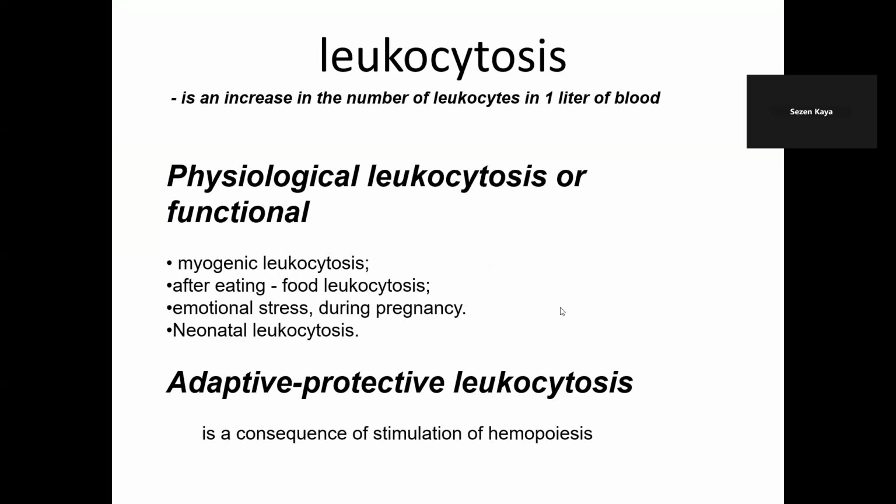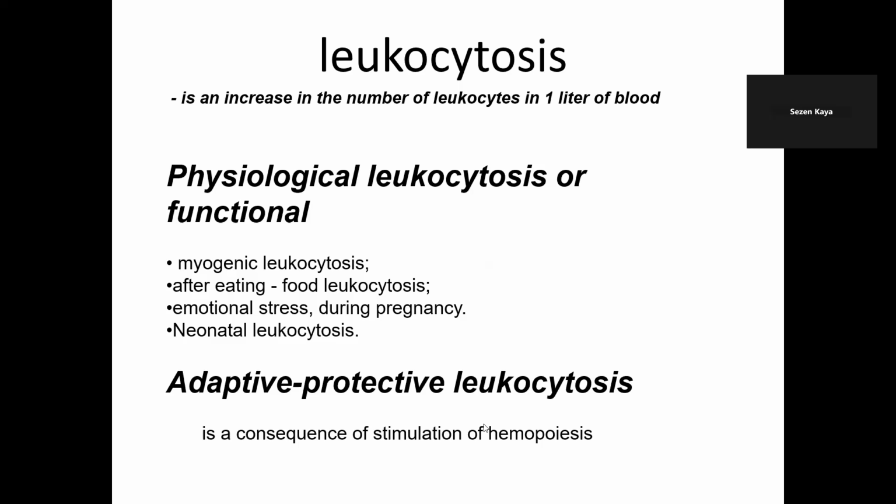Leukocytosis is a general term which means an increased number of leukocytes. If we say that the maximum level is 9, then leukocytosis means a level higher than 9. And we have two types of leukocytosis: physiological, or functional, and adaptive protective leukocytosis.